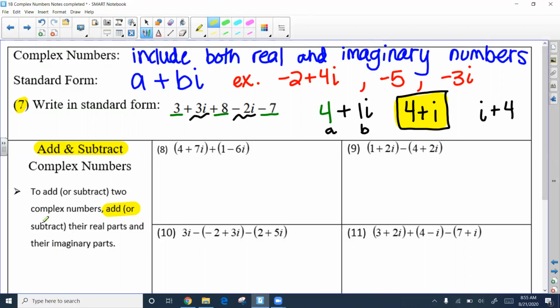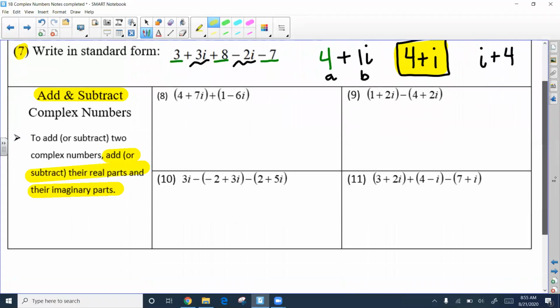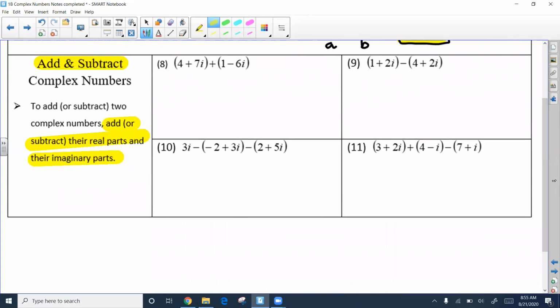So make sure we write down at least part of that if you're writing on your own paper. To add or subtract complex numbers, add or subtract their real parts and their imaginary parts. So this should look pretty familiar because it's basically like combining like terms. We combine the real parts and we combine the imaginary parts.